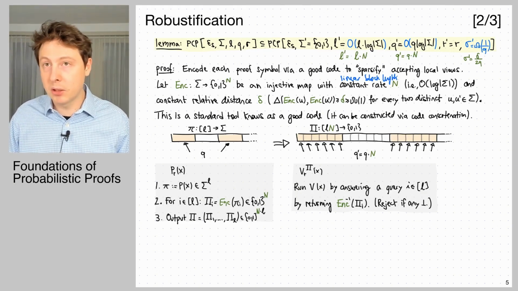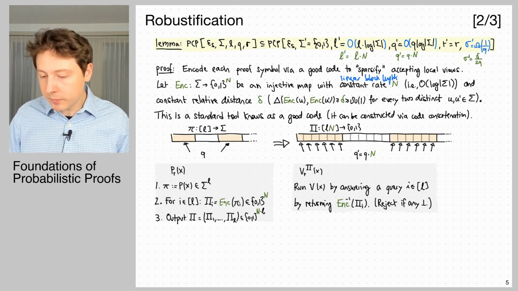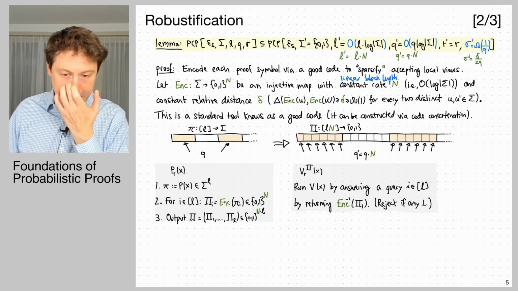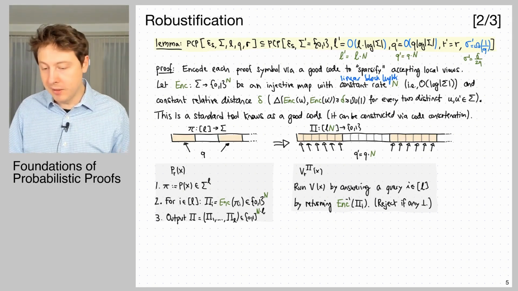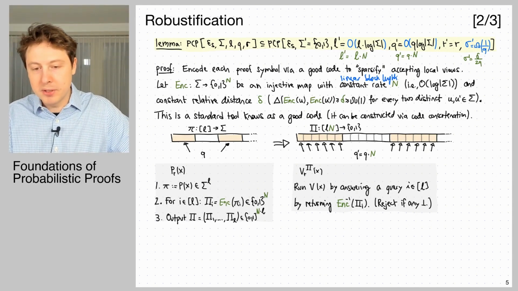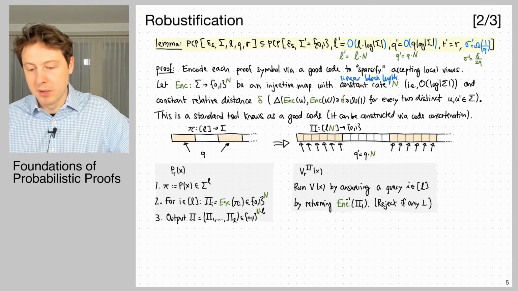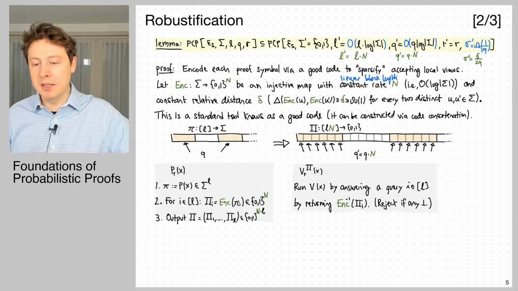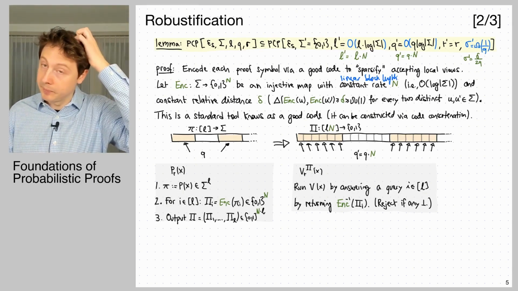If the code is linear, all of this can be done in polynomial time using so-called parity check matrices and the inverse of the generator matrix. So it doesn't really matter right now. The point is that because it's an injective map, an inverse is well defined, and so we can reply to each question by reading a block of bits and checking that they're in the code. If they're in the code, there is a well-defined symbol associated to it. You invert the map, you get the symbol, and return back the answer. Okay?